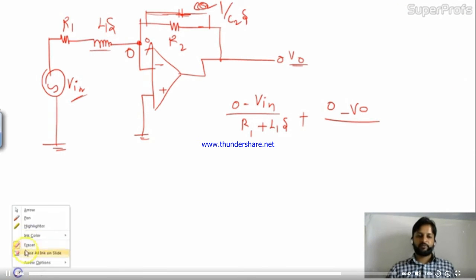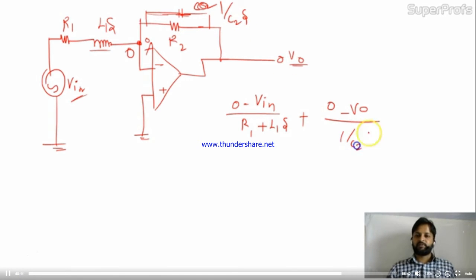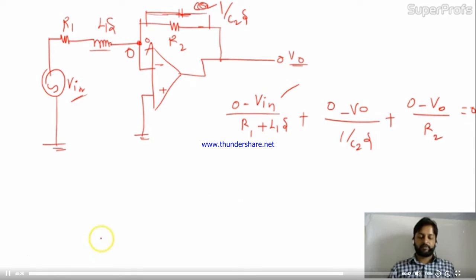So 0 minus V naught divided by 1 by C2S, plus 0 minus V naught divided by R2, equals 0. This is the equation in which V in and V naught are present.